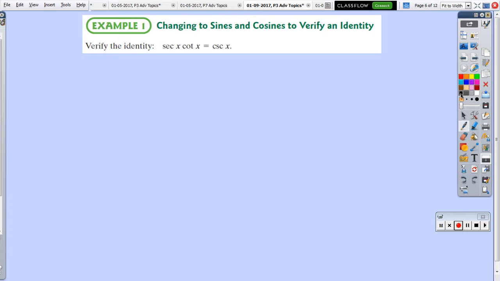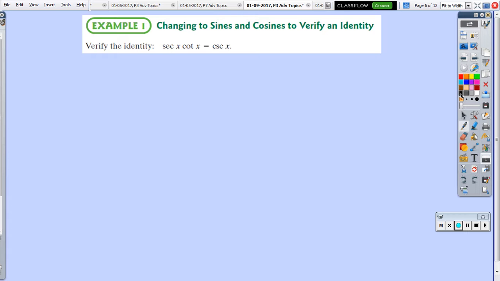Divide, you say? Divide what? So you have your reference sheet out in front of you, look at your reference sheet, and you know that it's being hinted at, okay, if I change things to sine and cosine, I might be able to get to where I want to go.